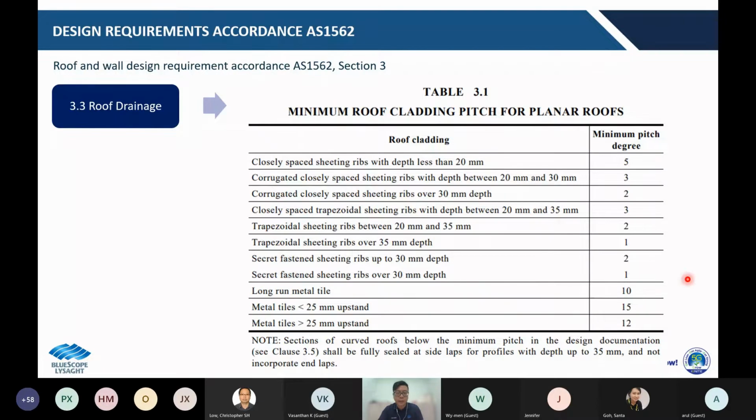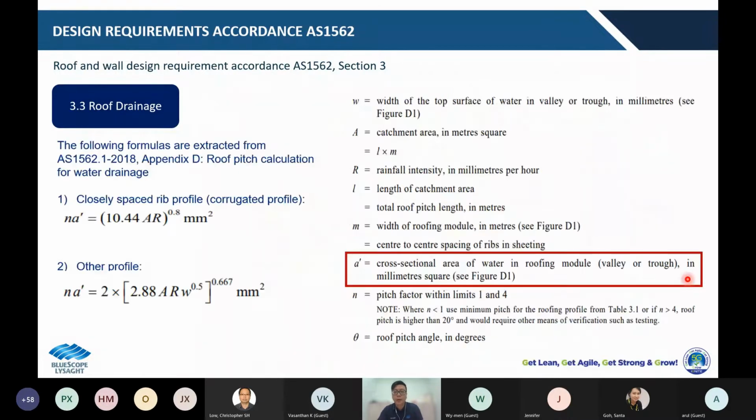I will share it in the subsequent slide. Here is the formula we use to calculate the rainwater drainage capacity. These are two different formulas, this one and this one. The first one is used to calculate the drainage capacity for the corrugated profile, and for other profiles like a wide pan profile, you can use this formula.